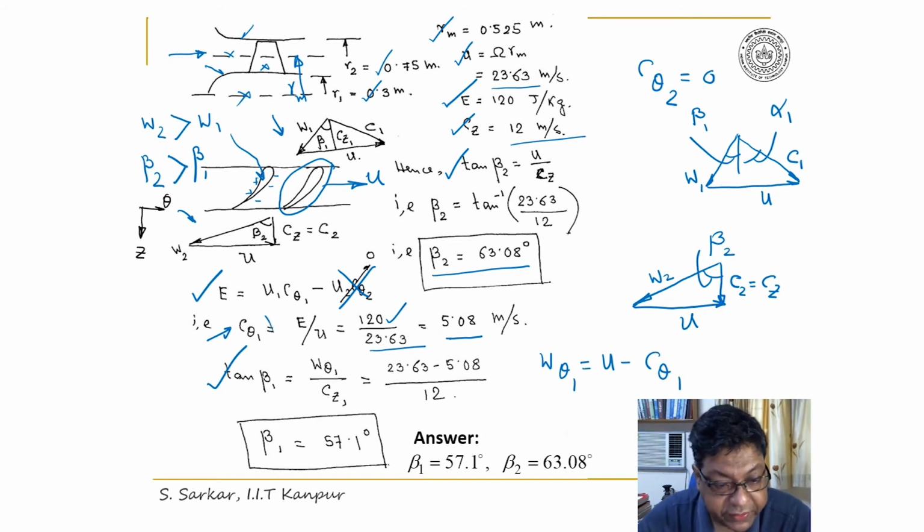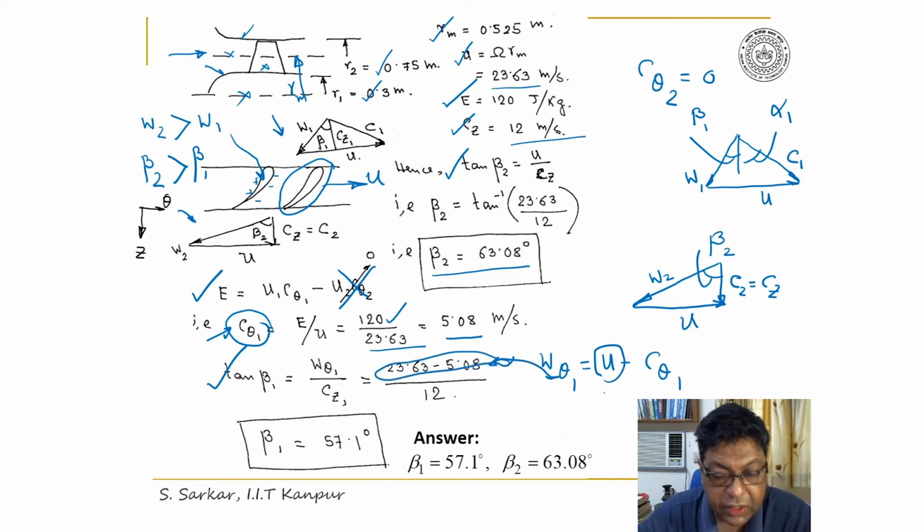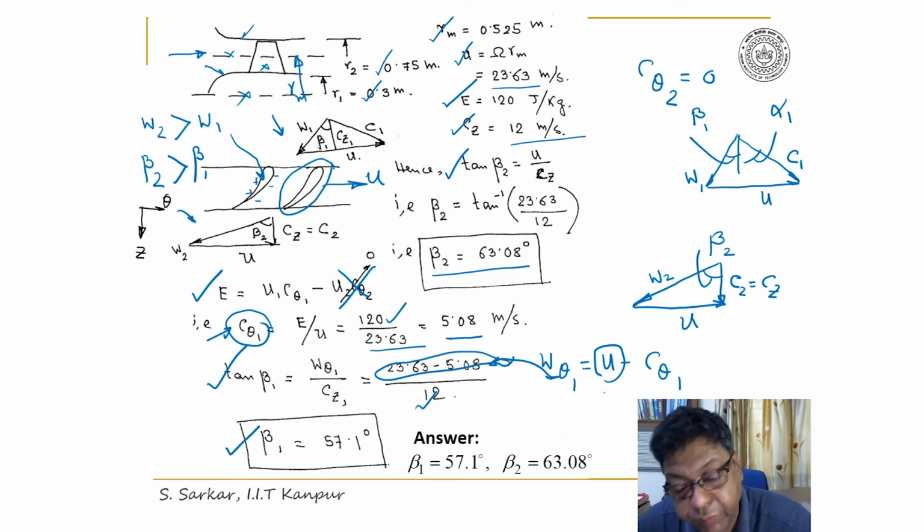I have calculated C theta 1 here. I know the value of U, so I know W theta 1. So I have evaluated here the value of W theta 1, and Cz is 12. Thus beta 1 would be equal to 57.1 degree. So the answer is this.